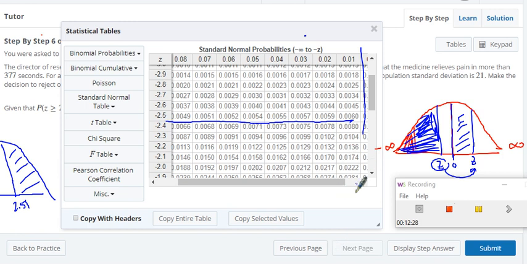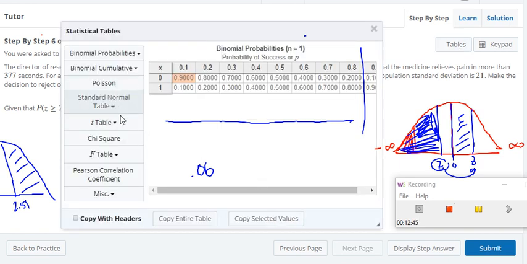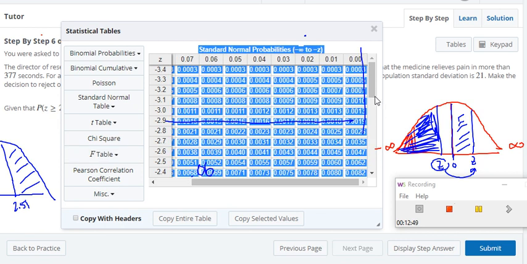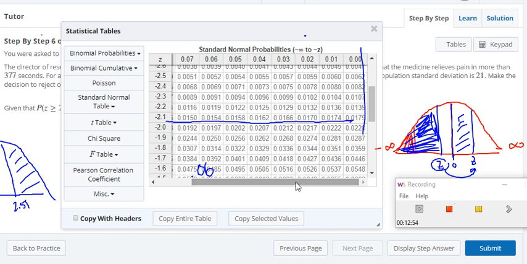So in that particular case, for the 2.51, we're looking at a value of 0.06, I believe it was. Let me pull this guy down and come across a little bit.